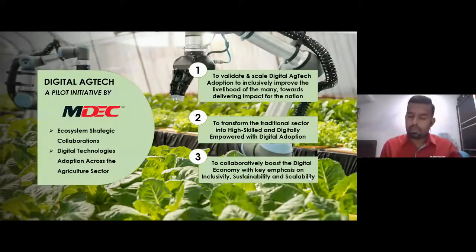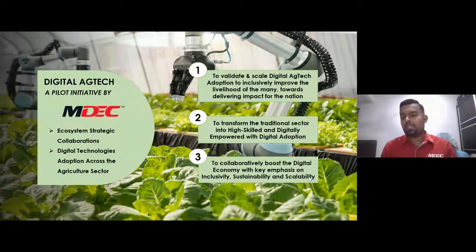Yes, I am aware of the term food security. Ladies and gentlemen, food security is a very complex topic. But to give you a very simple equation, we at MDEC focus on productivity. Wonder why?